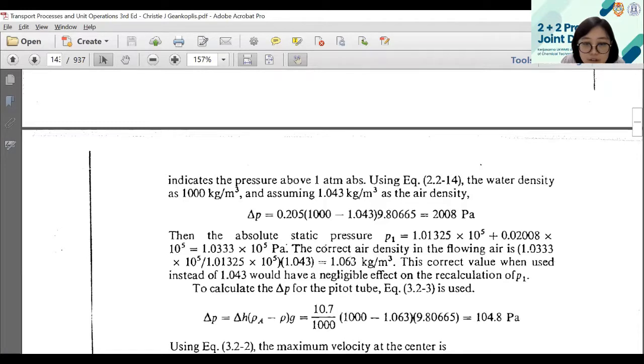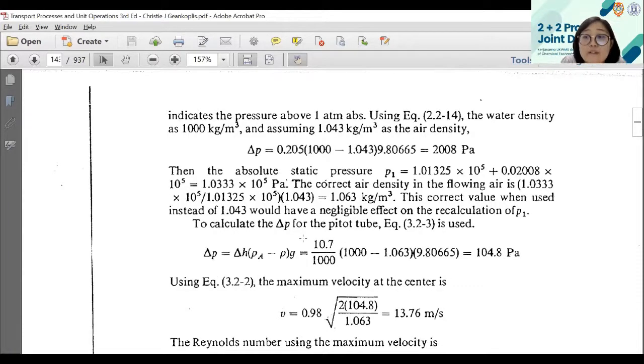So after I find the new density, I put it into the same equation again, which is delta H times rho A, the density of the liquid inside the manometer, minus rho of the flowing air, times G, and we can get the delta P for the flow.